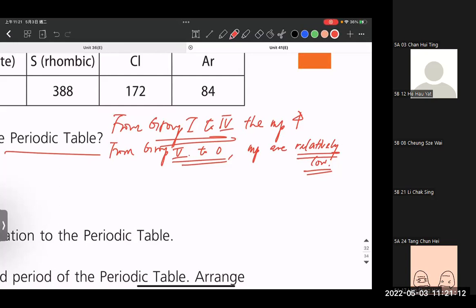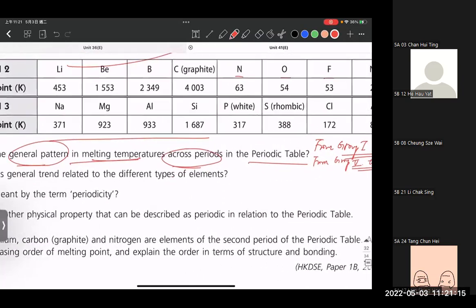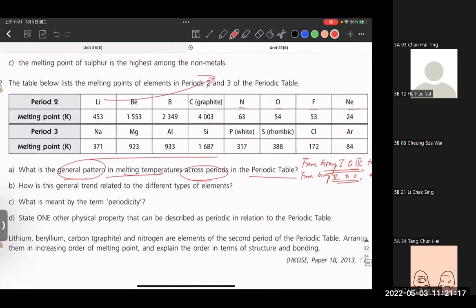Metals have a giant metallic structure, so they generally have high melting point.